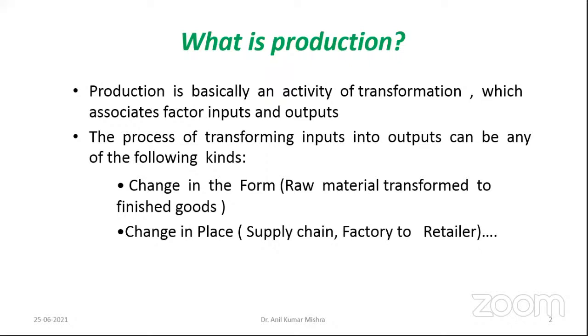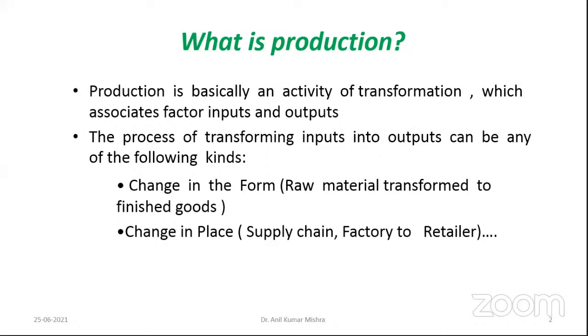It is moved to the wholesaler, then the retailer, then the consumer, and after-sales service is also there. So the entire change in place is also known as production. A change in place is called a service, and a change in form is called goods.